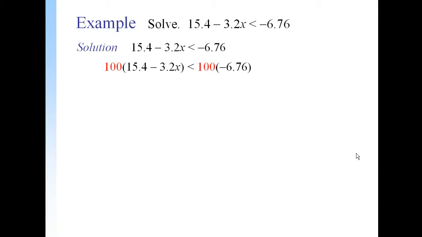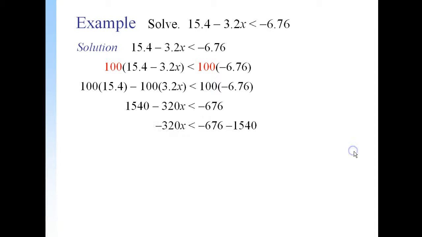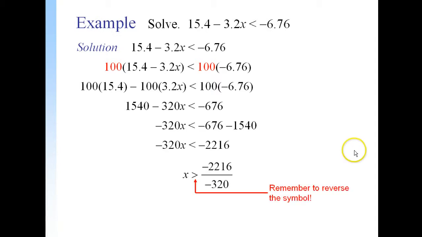Now, one of the things they did here that I didn't do, and I did recommend this though, is to get rid of the fractions. That's fine. Another technique: notice now they're dividing both sides by 320, but a negative 320, and the inequality sign gets reversed from less than to greater than, right there.